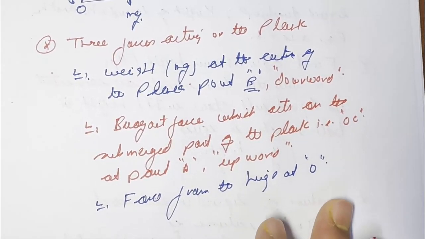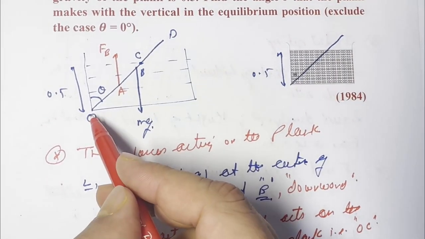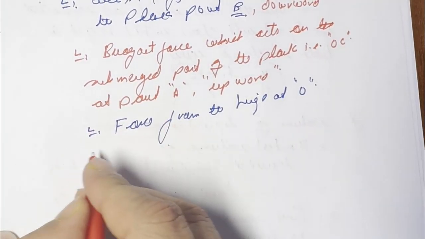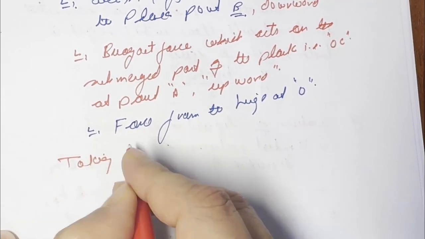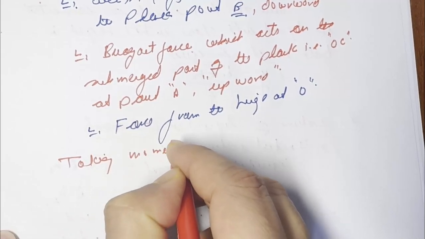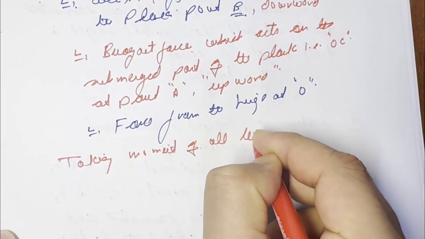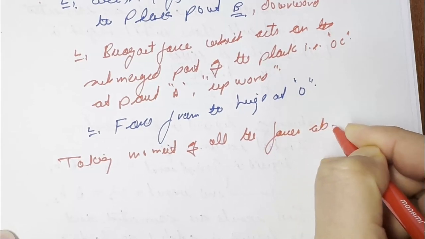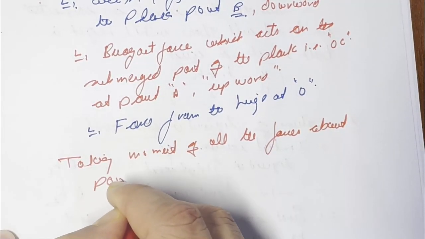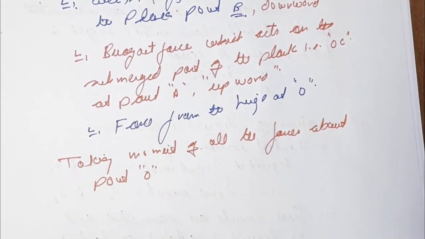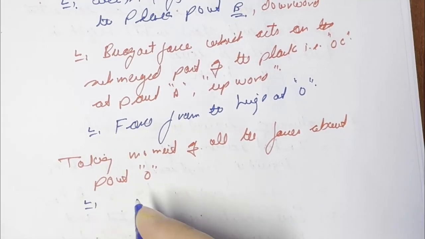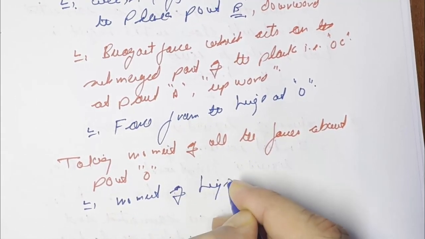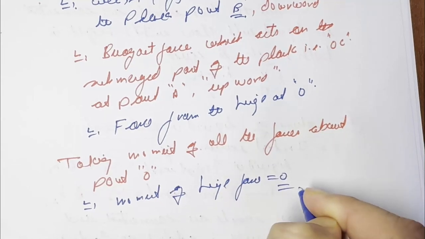Like I said, we are going to take moment of all the forces about point O. So this value, the last one, will be equal to 0. Taking moment of all the forces about point O, therefore, moment of hinge force will be equal to 0.